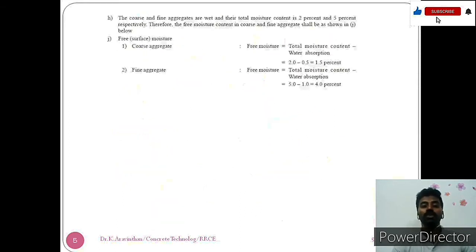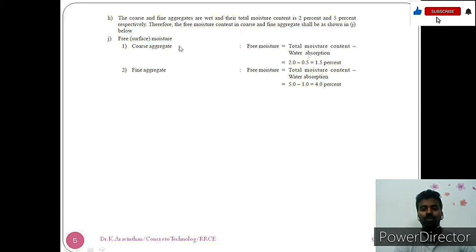The fine and coarse aggregate are wetted, that is why the total moisture content is 2 and 5% for coarse and fine aggregate. Therefore, you have to find the free moisture of the coarse and fine aggregate. How to find that? The free moisture is total moisture minus water absorption. The two components you have to split: free moisture and water absorption.